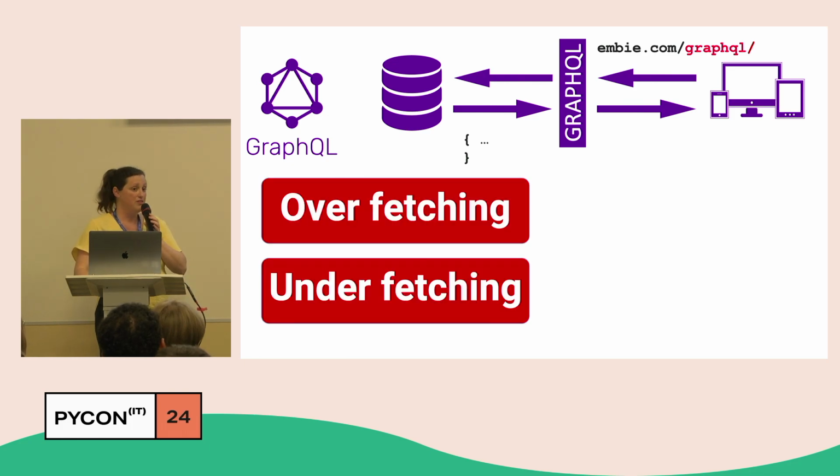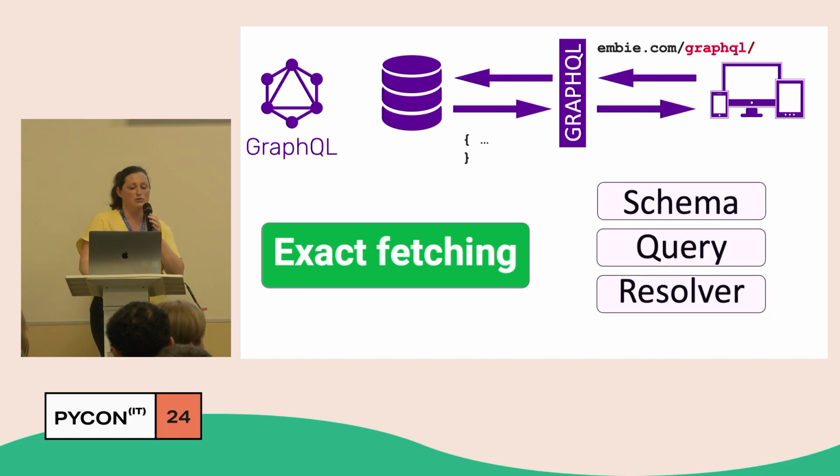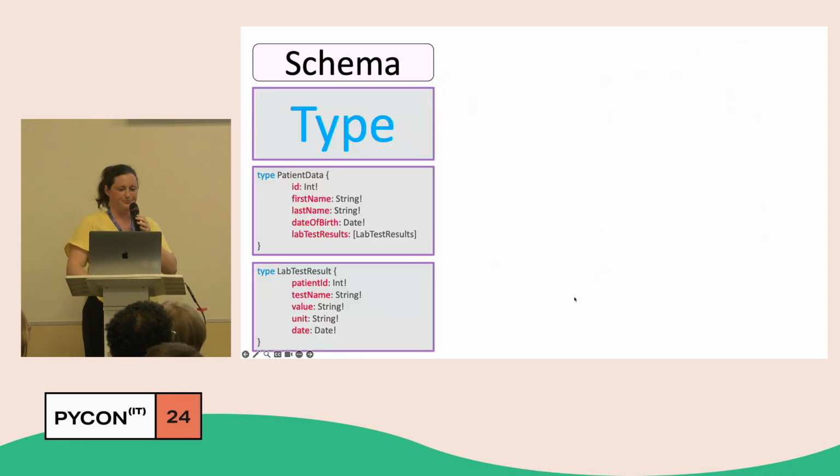And also remember that in REST API we had the problem of overfetching and underfetching. In GraphQL we have exact fetching. The client can request only the data he needs and get back only the data that he needs. And this is going to be according to three components of GraphQL: schema, query, and resolver.